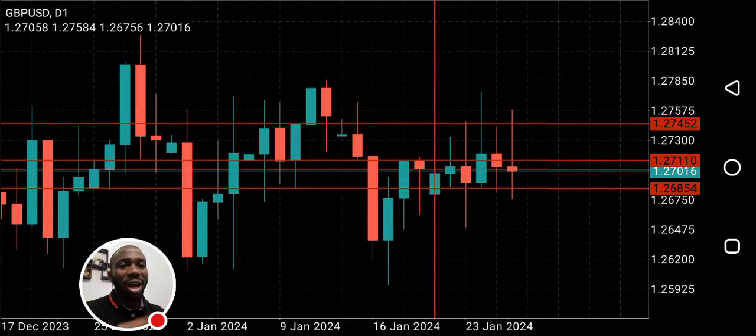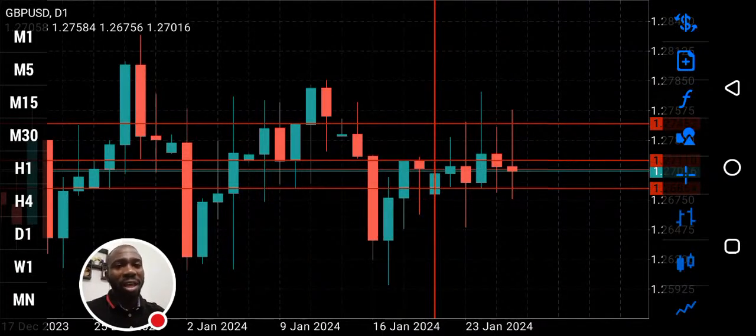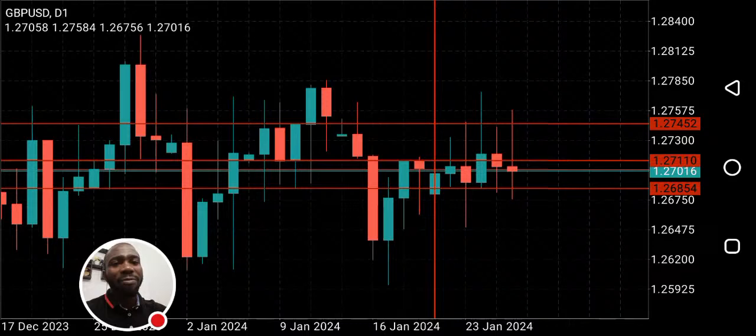If the next candle had closed bearish below the low of that shooting star, that would have been a good sell setup. That would have been a confirmation that we have more sellers, more bears in the market. That is when one will risk selling.